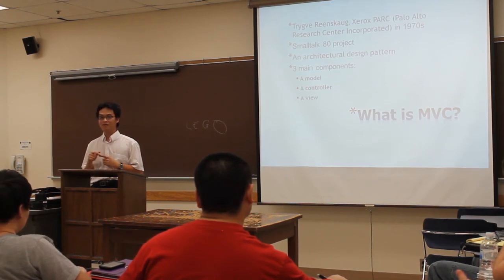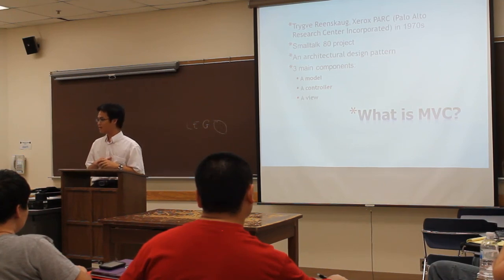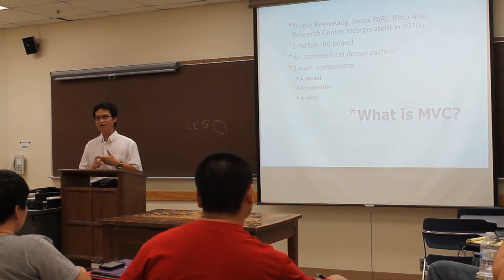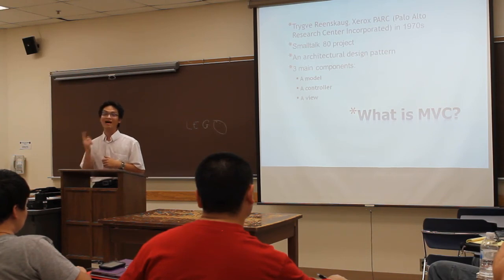For right now, we can say that a model is a reflection of your database. It will capture all of the objects, all of the attributes, all of the things that you put in a database, so that you can manipulate a database through the model.